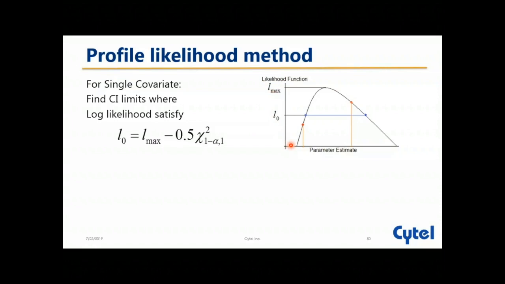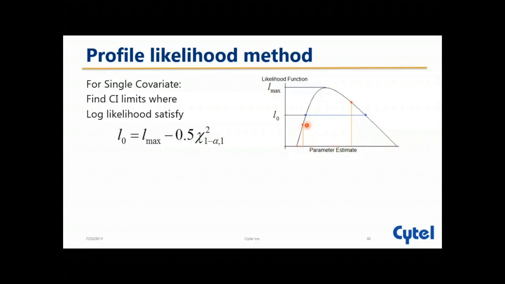When we use the Wald method to compute the confidence interval, we find the point where the likelihood is maximum, that is the MLE, and then we compute the standard error, and then we find equidistant points, MLE plus minus 2 or 3 sigma, for computing the Wald lower and upper CI limits. You can see the likelihood function is not symmetric, as it is in this case.